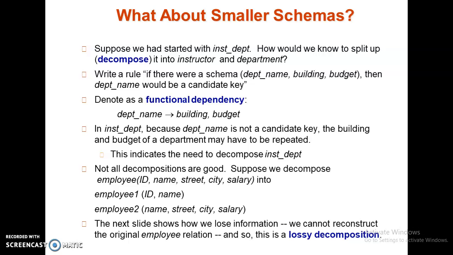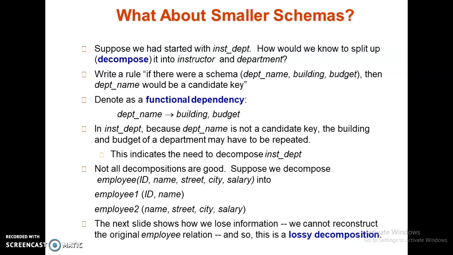When you look at the instructor department table, because department name is not a candidate key, the building and budget of a department may have to be repeated. But this is going to be a candidate key in the department table. But this is not going to be a candidate key in the instructor department.